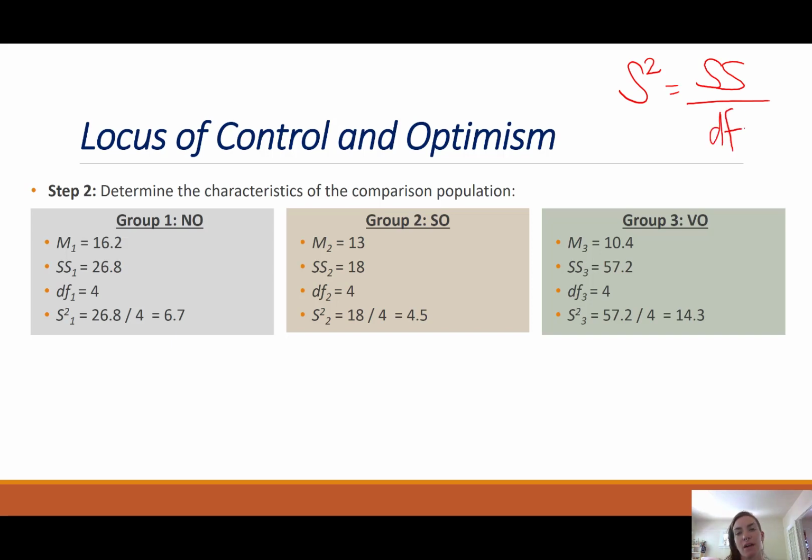You've seen that in our independent samples t-tests, and you're also seeing it now for ANOVA. So sum of squares over degrees of freedom for each group will get us a population variance estimate, or S squared, for each group. So you see that we have 3 different guesses for the single true population variance.